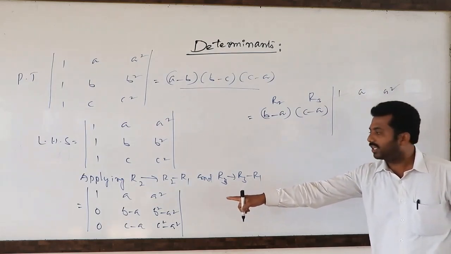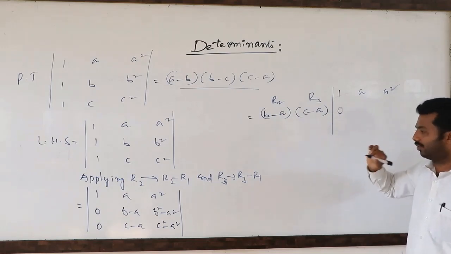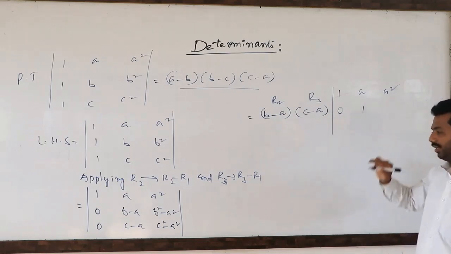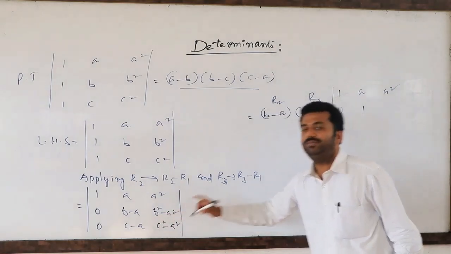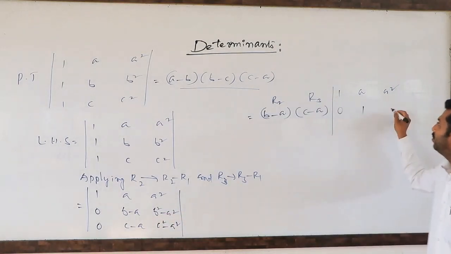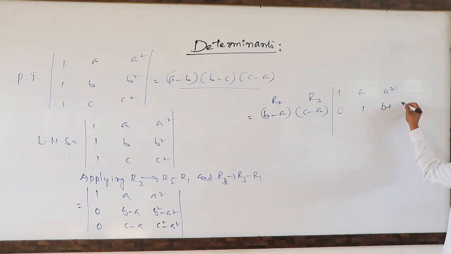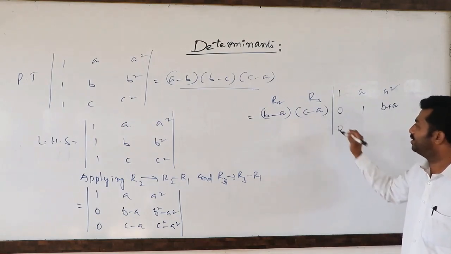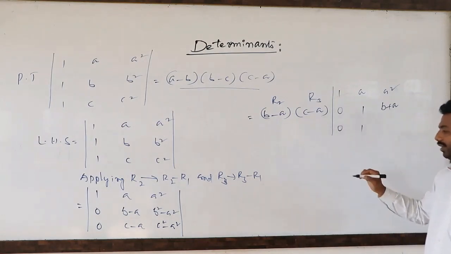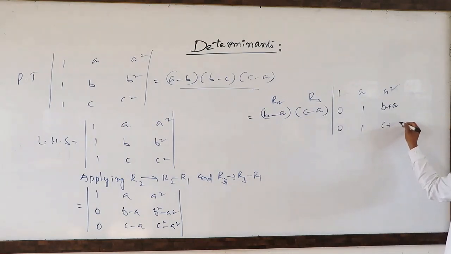Second row: 0, 1, and b square minus a square is (b minus a)(b plus a), so taking b minus a common leaves b plus a. Third row: 0, 1, c plus a.